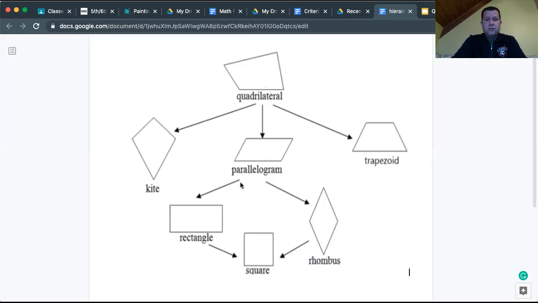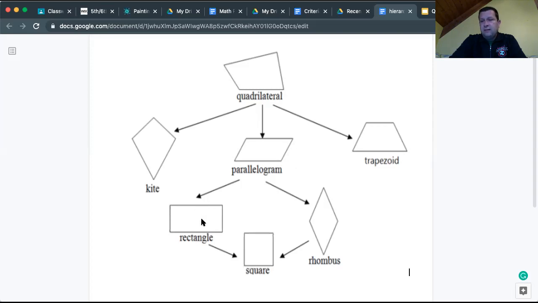Okay, so let's go over to rectangle. Rectangle, remember, has two sets of parallel sides, and it has four right angles, and its opposite sides are equal. So if we look at a rectangle and compare it to a parallelogram, remember what makes a parallelogram a parallelogram? Two sets of parallel sides.